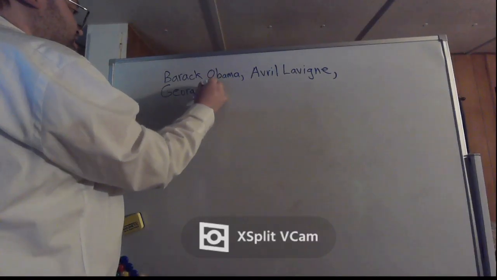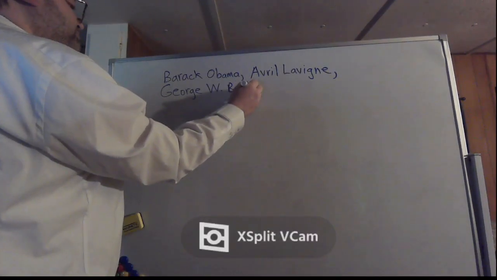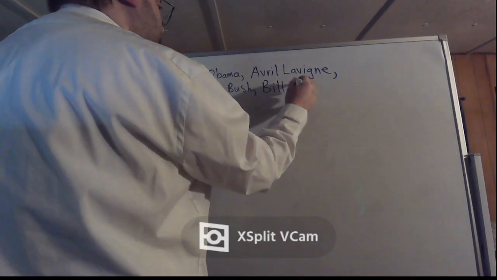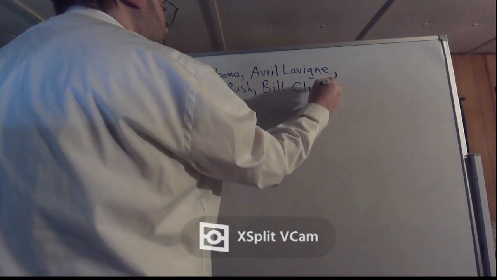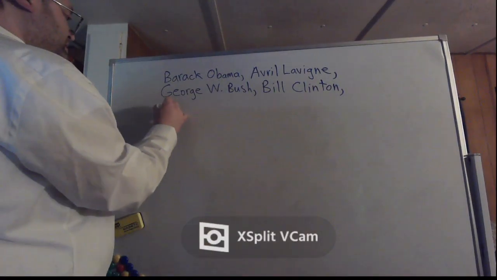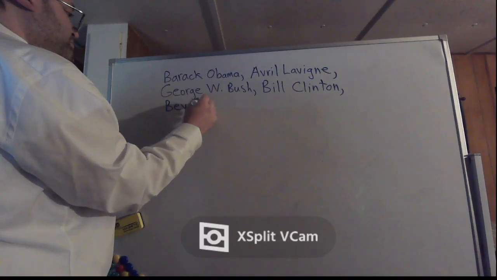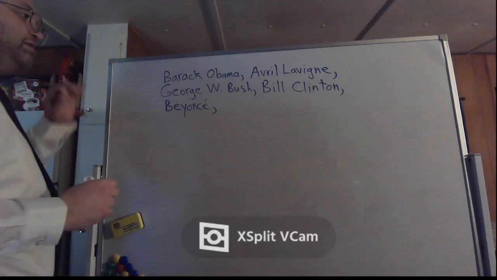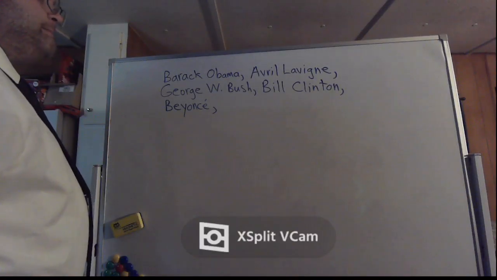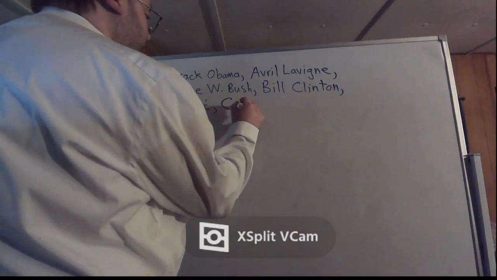Let's do George W. Bush because there were 2 Bushes. We have Bill Clinton. We have Beyonce, and then we have, let's come up with one more here. Carrie Underwood, why not?